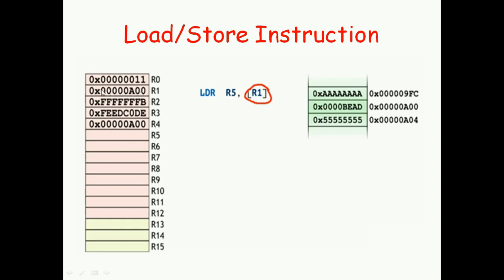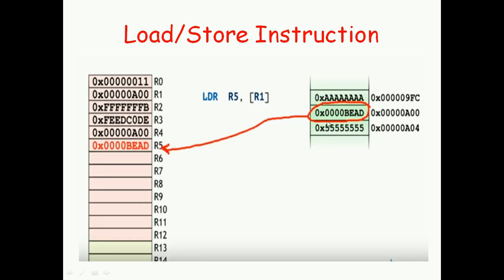This is the content of R1. This itself is referring to a memory address. So going to this memory and referring to that address, whatever content is written in that address, you are loading into register R5. Register R5 is empty here before the execution of this line. So this is how the data from the memory address of R1 is loaded into R5. Now R5 has this value.